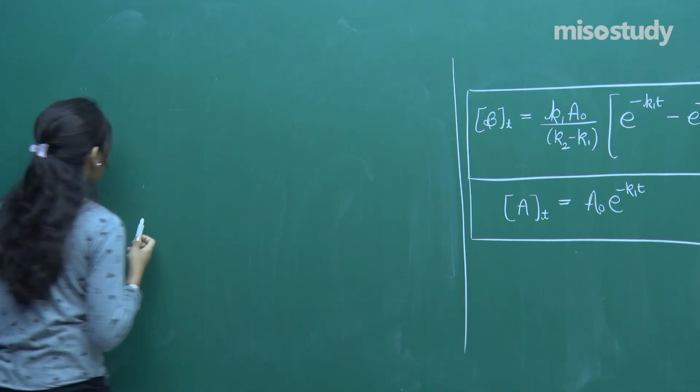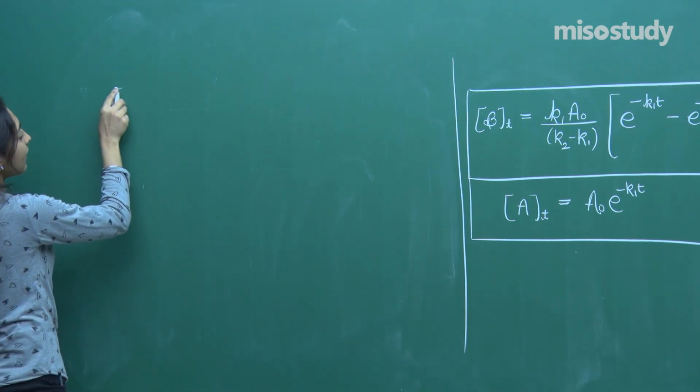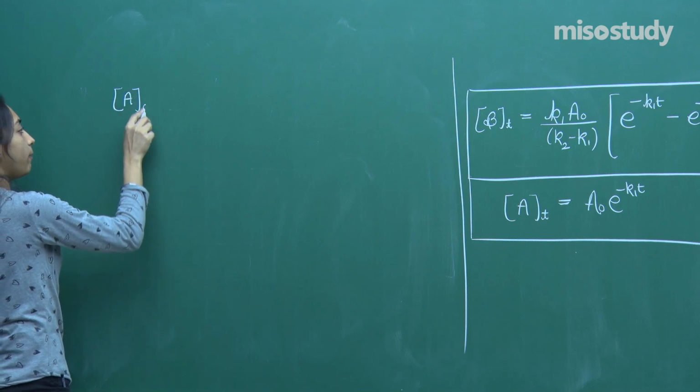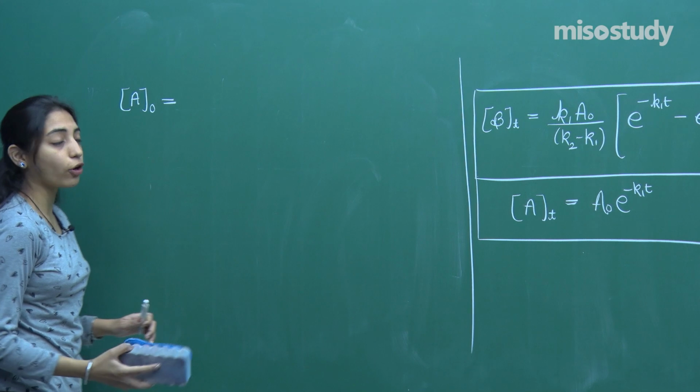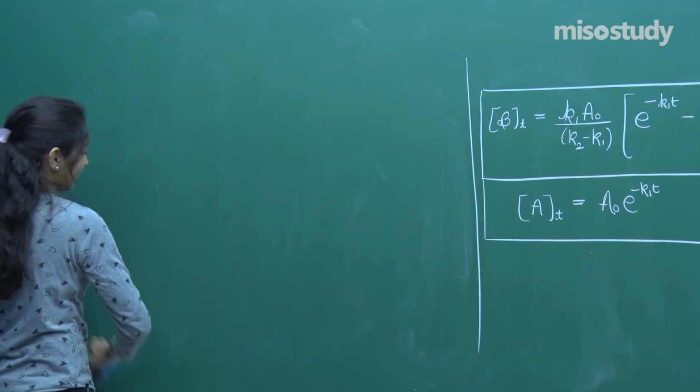Now see, there are two main methods to get the concentration of C. Let me just tell you.